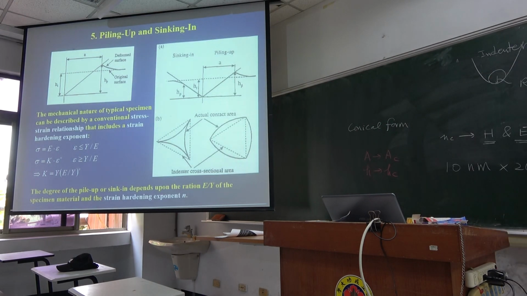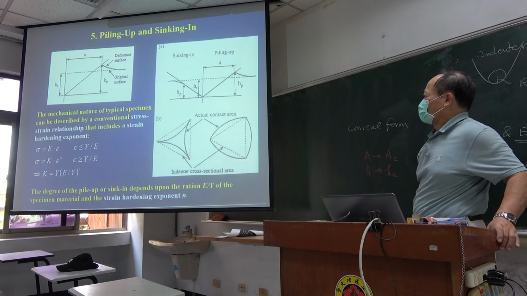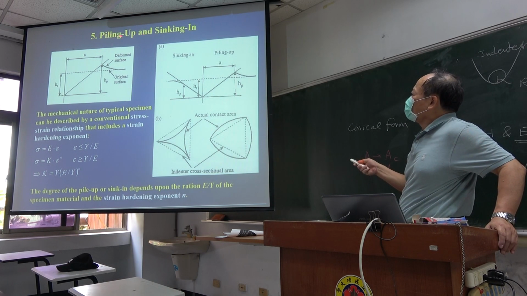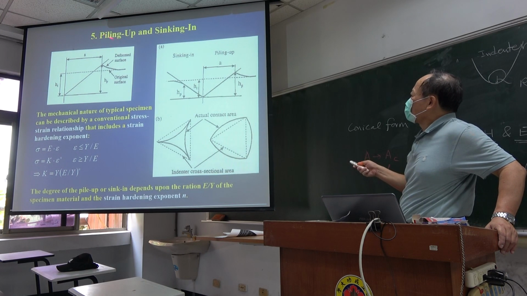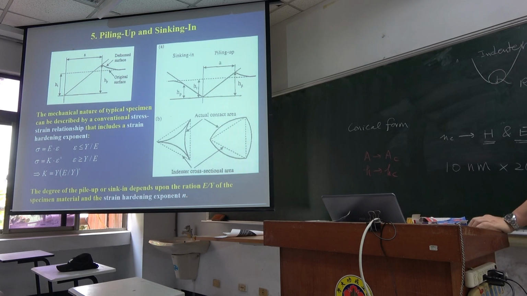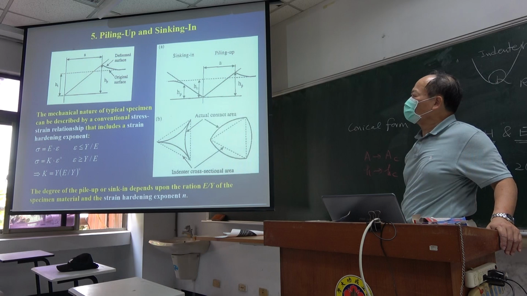Now, the fifth factor we call piling up and sinking in. Piling up means accumulation, and sink in means sinking downward. I have told you that piling up in general happens when your specimen is a soft material, like aluminum or copper or some rubber material.